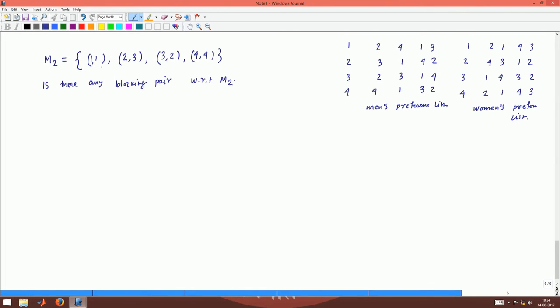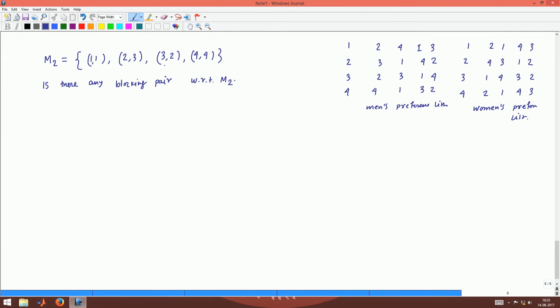You can see that in this matching, man 1 is matched with woman 1, which is his third preference. Man 2 is matched with 3, which is his first preference.